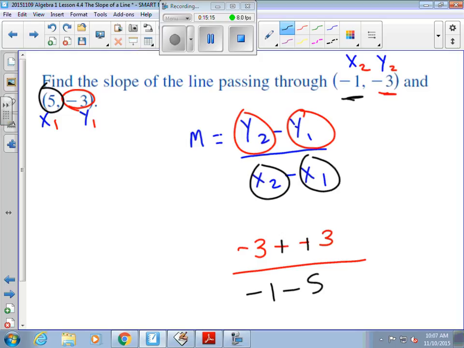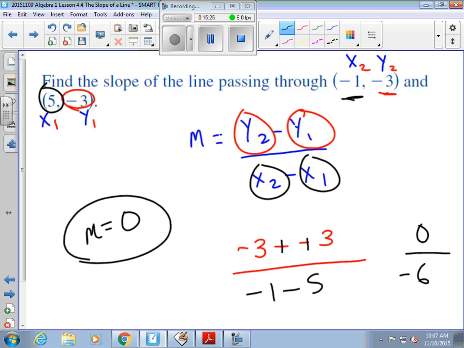Add. Negative 3 plus 3 is 0. Negative 1 minus 5 is negative 6. 0 divided by anything is what? So your slope, remember, it's okay to divide 0 by something. You get 0. It is not okay to divide something by 0. Notice how similar those two statements are. Your slope for this one is a horizontal line, or 0.